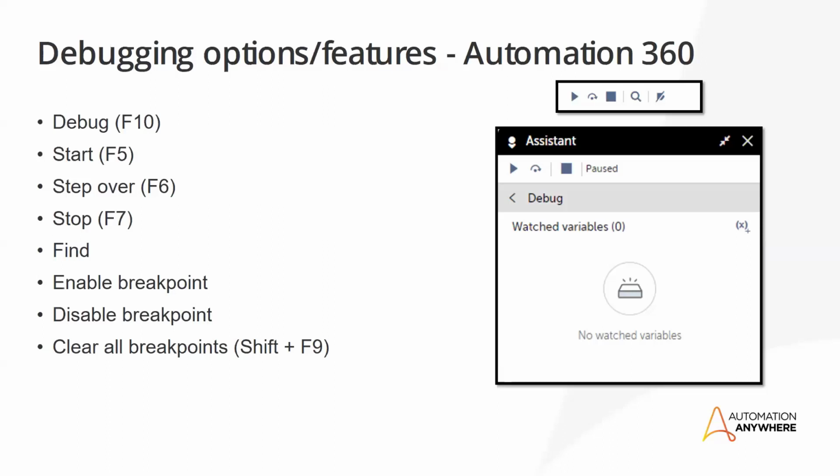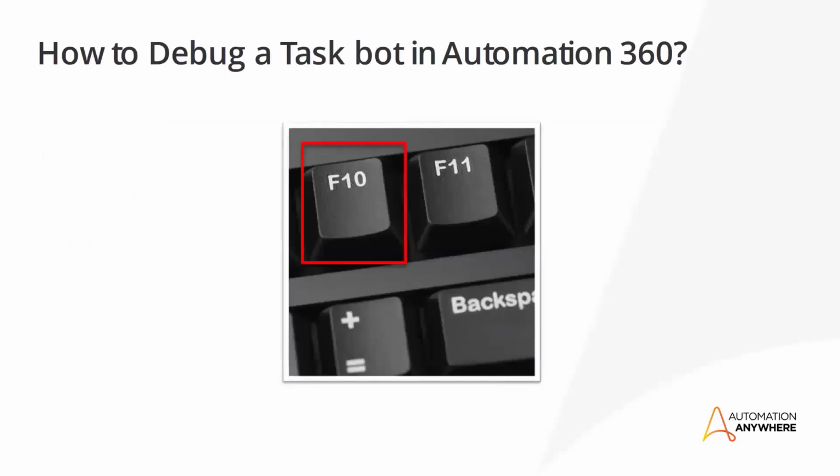These are some shortcut keys I have mentioned for debugging, enabling breakpoints, and finding code or variables in the code. I think enough of talking. Let's move on to the actual demo where we will debug a live bot.